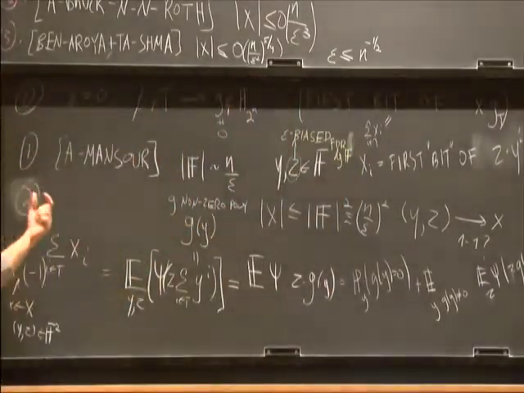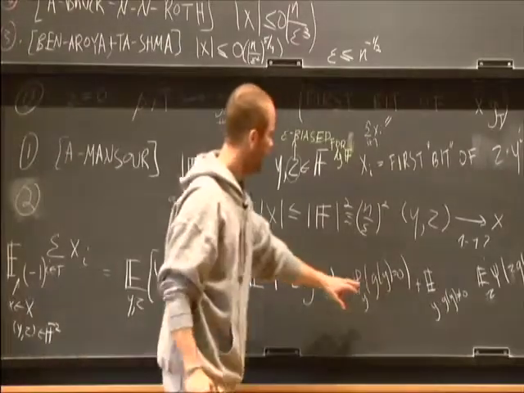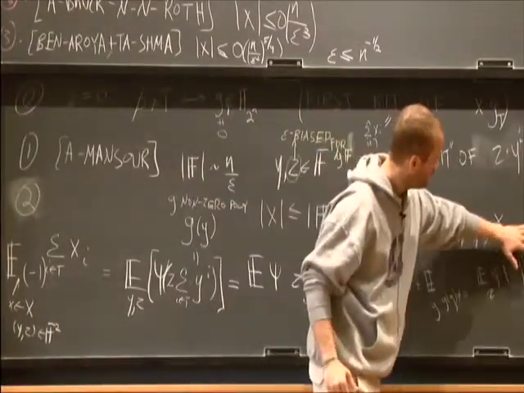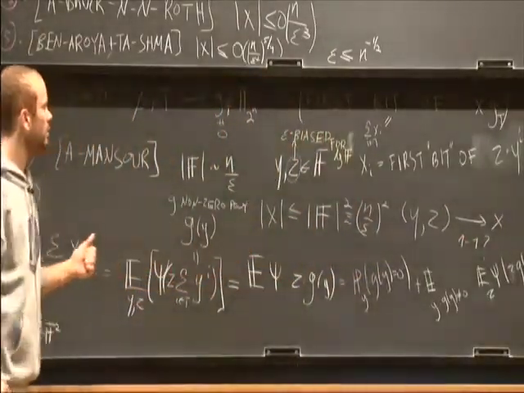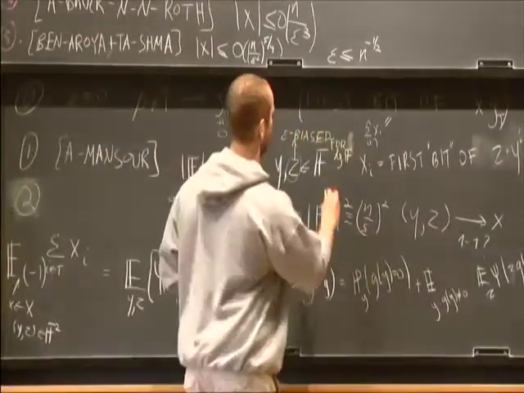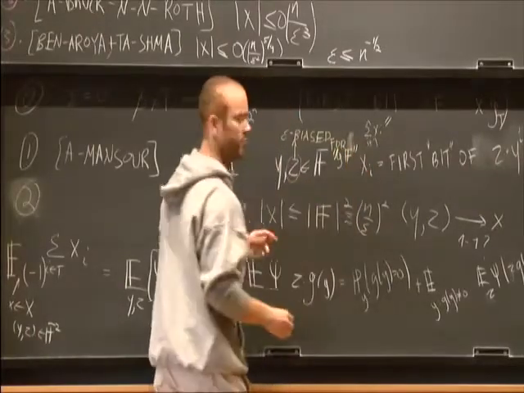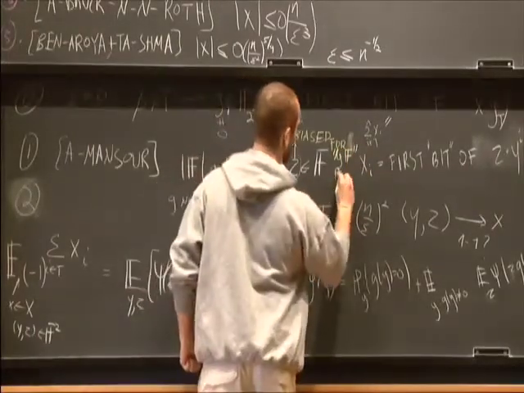So now, after we did this step, we got a non-zero element in the field F. Epsilon-biased for what? For log F bits.